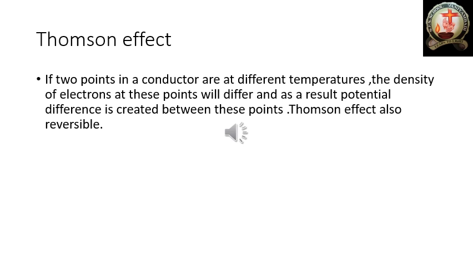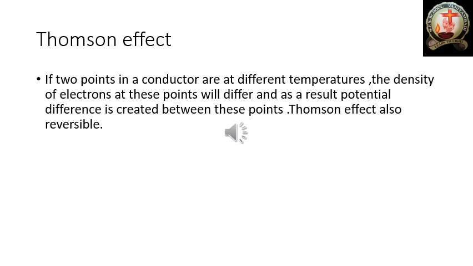Now if 2 points in a conductor are at different temperatures, so you already considered a conductor having two ends, and the two ends you considered as the 2 points. According to our definition, if 2 points in a conductor are at different temperatures, that 2 ends of the conductor have different temperatures.